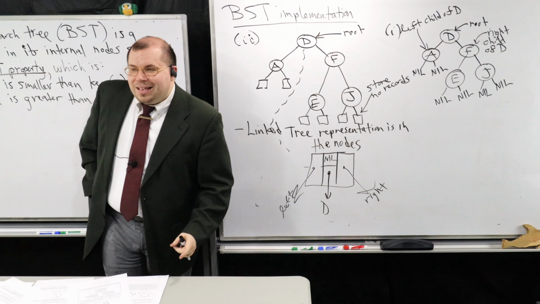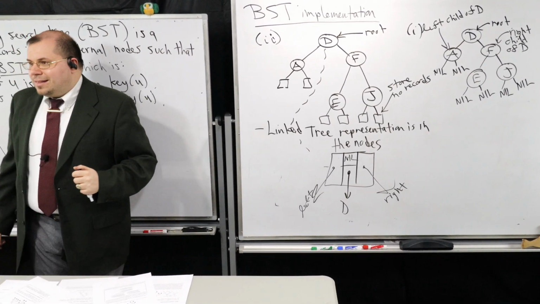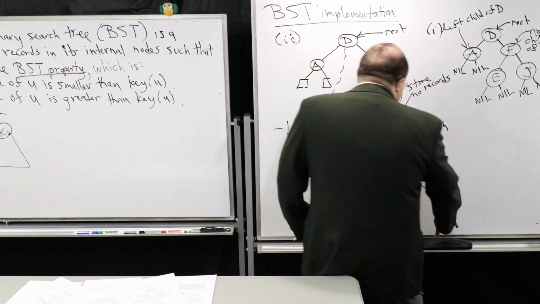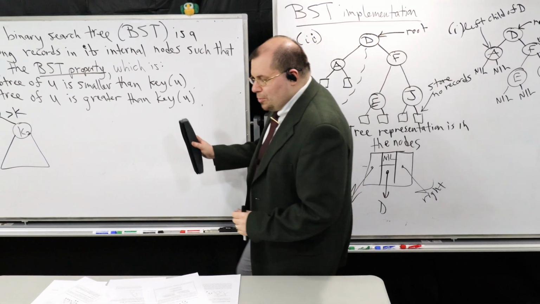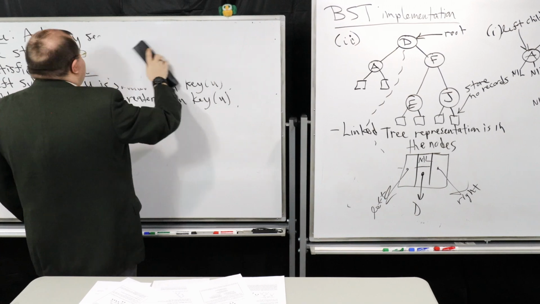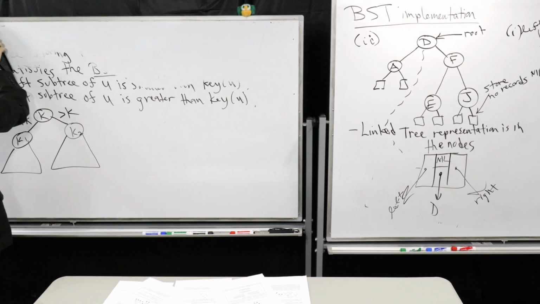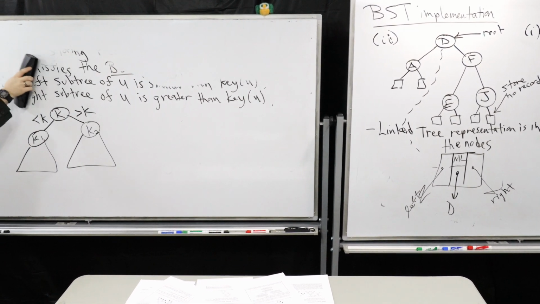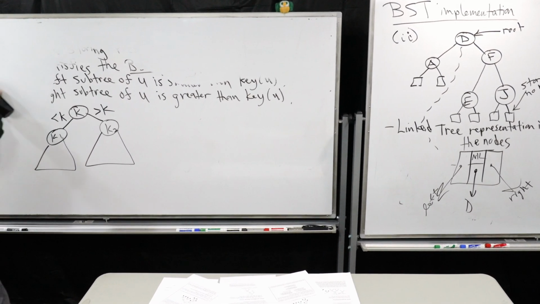Wonderful. So let's proceed. Let's start talking about what we could do with a binary search tree. The first thing is that obviously it's a tree, right? So we could do all sorts of things that we were talking about last class, for example a tree traversal.